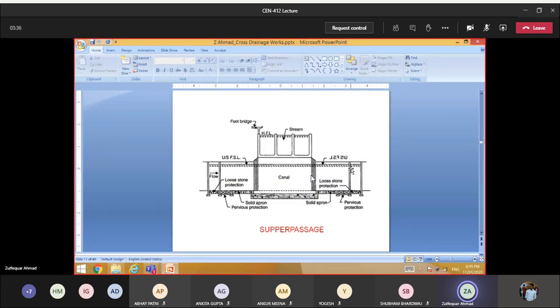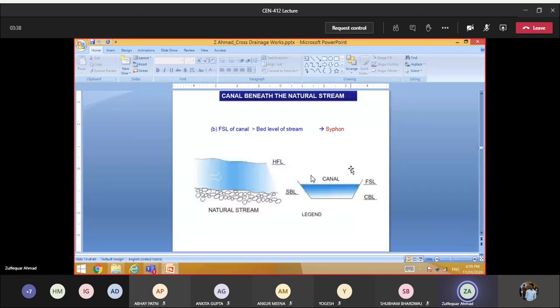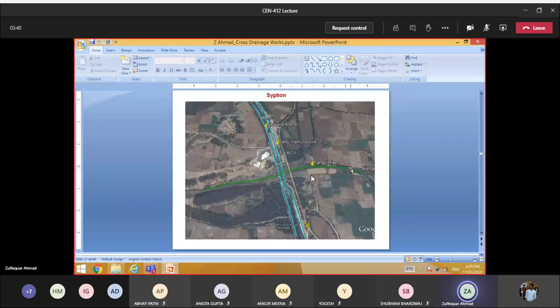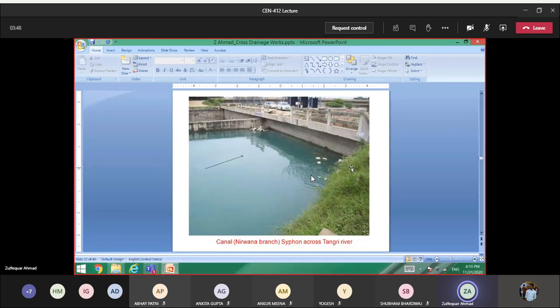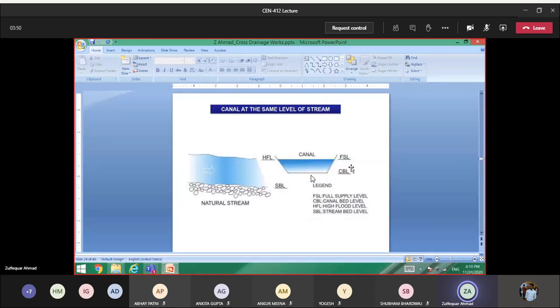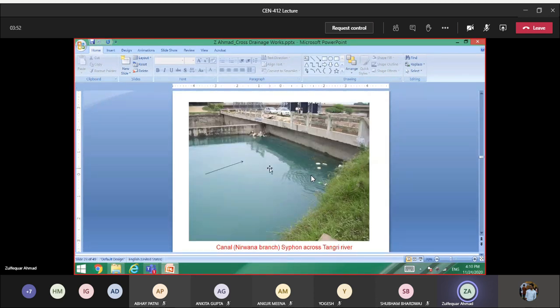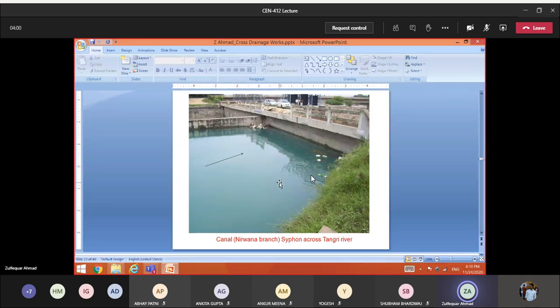Super passage, this one we had discussed. This is the canal siphon of the Nirvana branch and the SYL. So you can see here the canal is going below the bed of this Tangri river. This is close to Ambala.